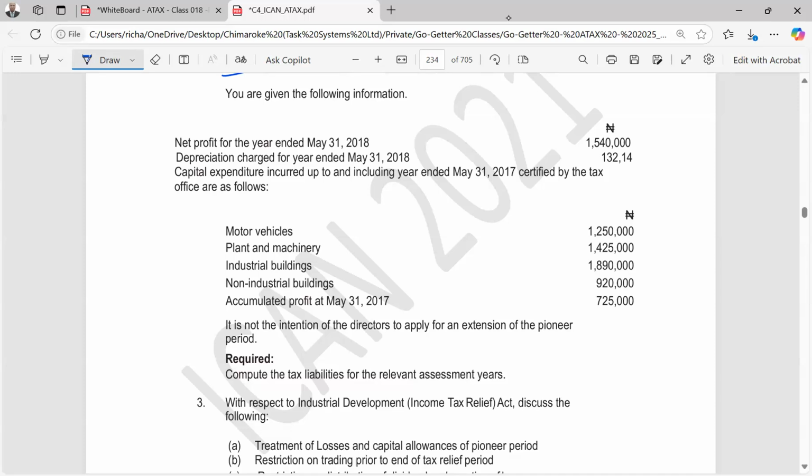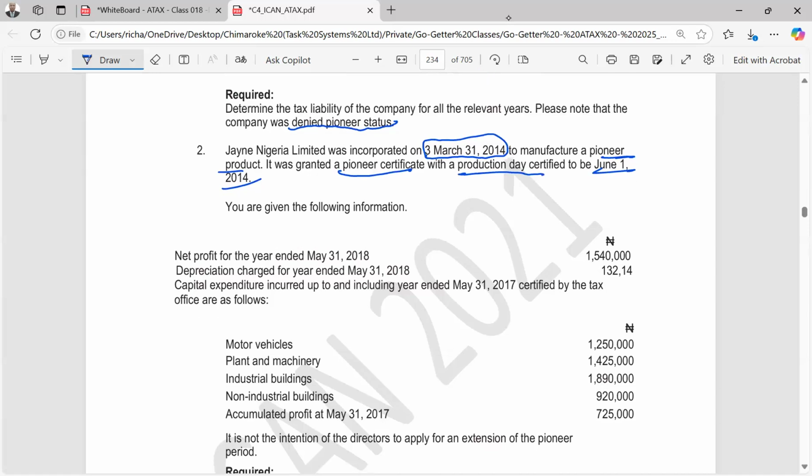So it means that the pioneer period just ended and they are not having any interest of pursuing the extension any further. So they say compute the tax liabilities for the relevant years of assessment.